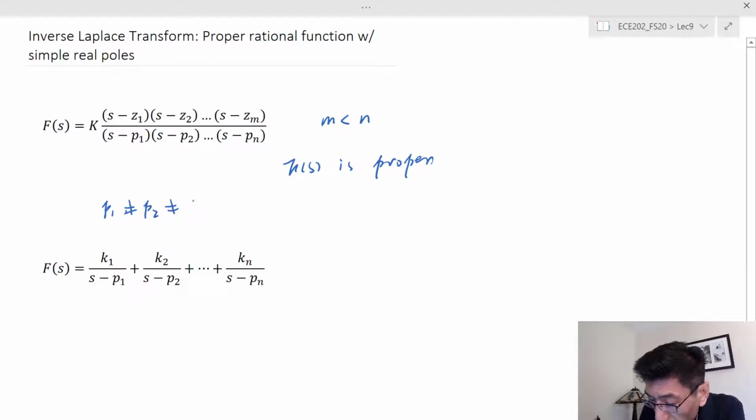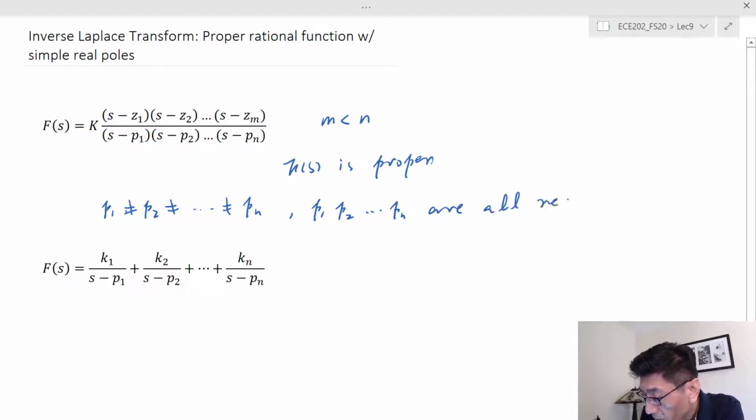I mean, there are no identical poles. That's what this means. So they all have simple real poles, and also p1, p2, up to pn, they are all real. They're not complex numbers.